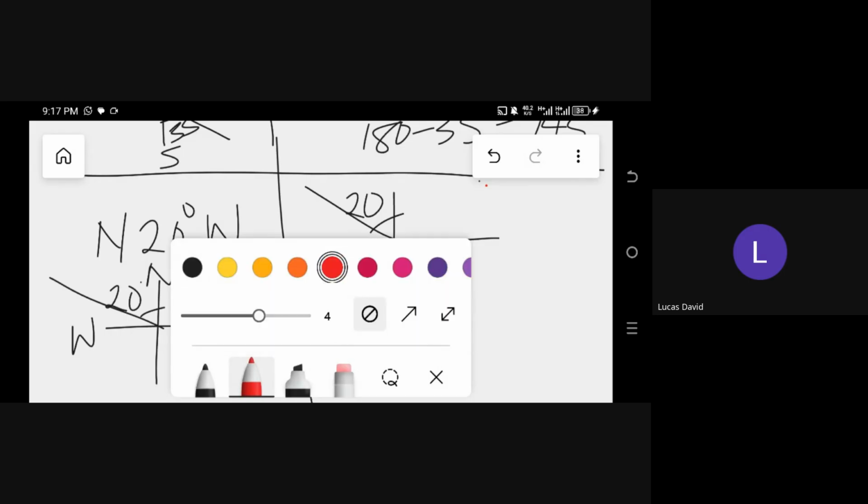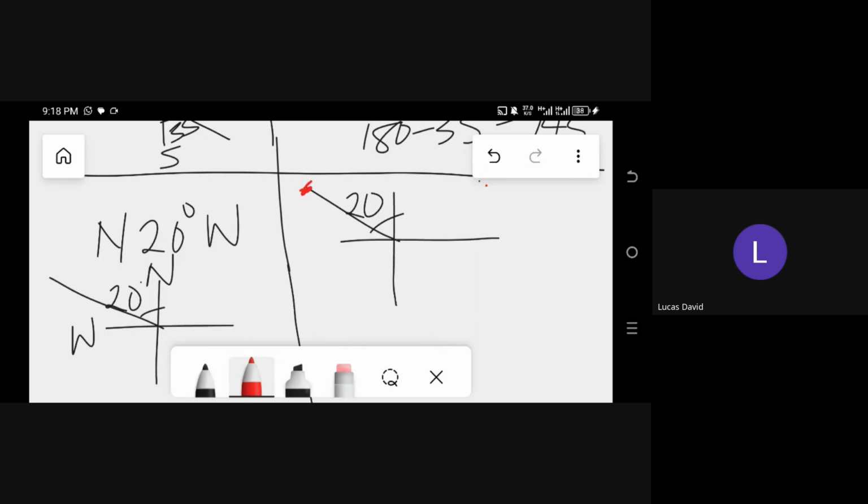The line where you're stopping is this line marked red. So draw a line from the north. 3-digit bearings are always read from the north. They are not like compass bearings. Compass bearings, you read them from the north or from the south.